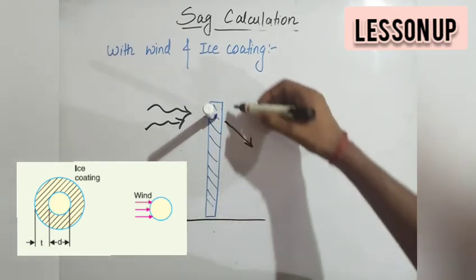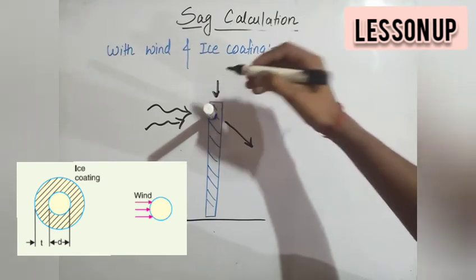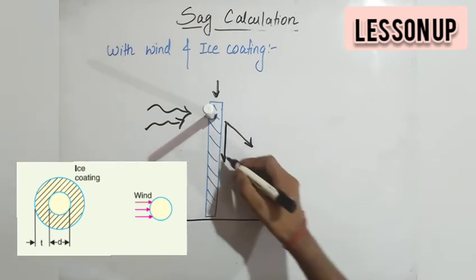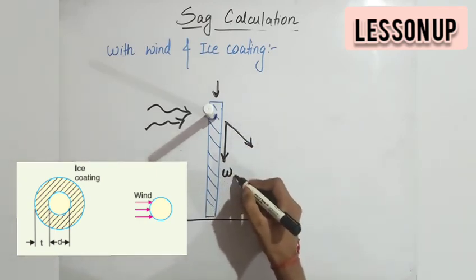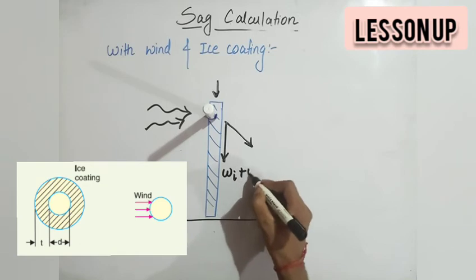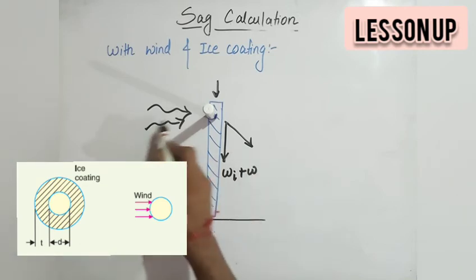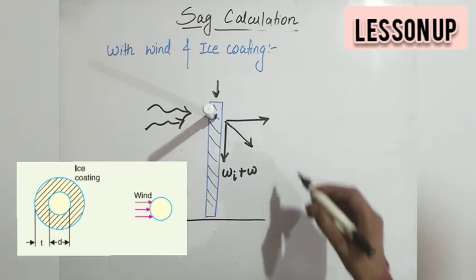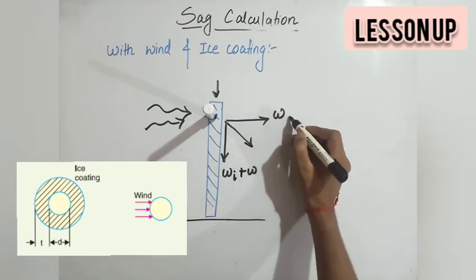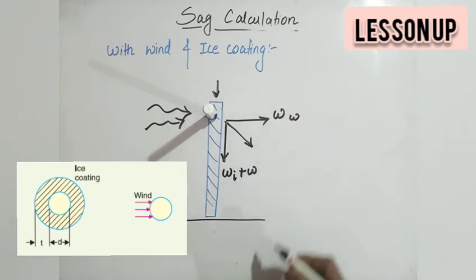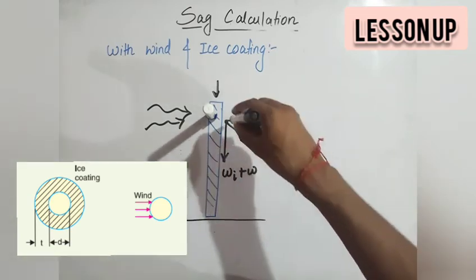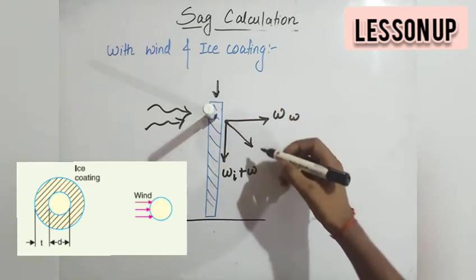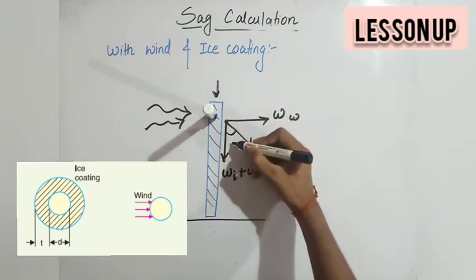Due to ice and the weight of the conductor, it experiences a downward force, that is ice weight plus conductor weight, and due to crosswind, a force in the horizontal direction, that is due to wind. So the axial position will be shifted by some angle, which is represented by theta.